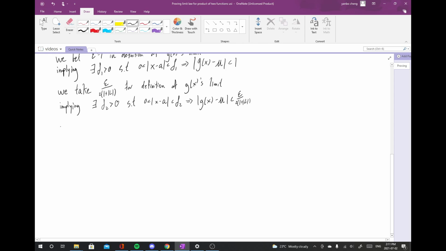And third, we will take epsilon over 2 times 1 plus the value of m for the definition of f of x's limit.